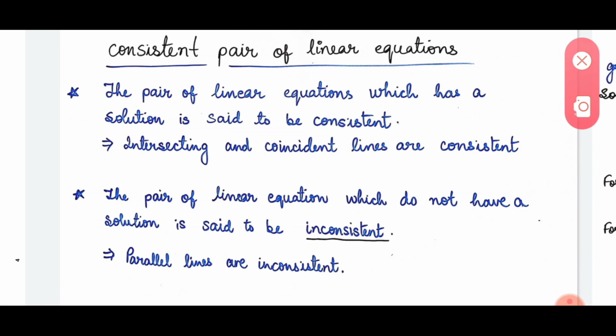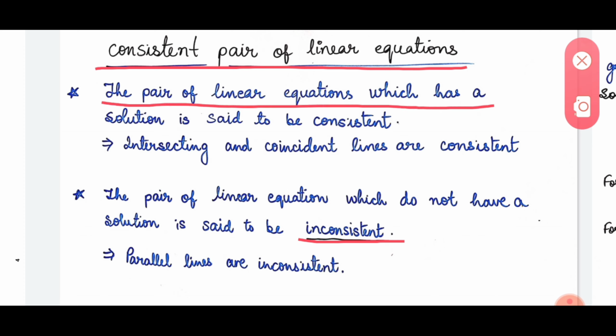Before starting the fourth example, let me tell you two words: consistent pair of linear equations, and inconsistent pair of linear equations. These two words will be very frequently used in this chapter. I have written the definition for you. The pair of linear equations which has a solution is said to be consistent.